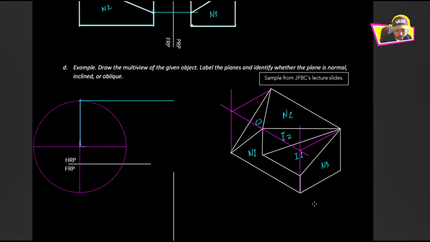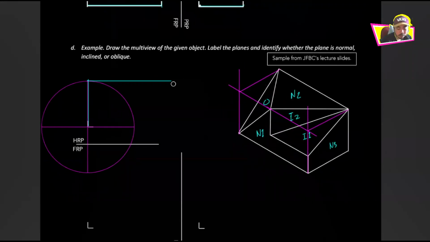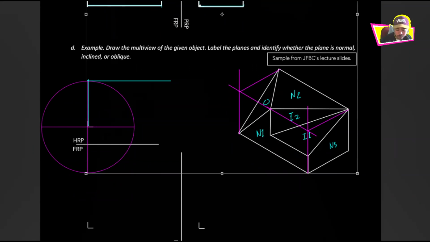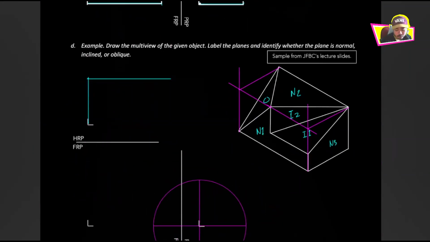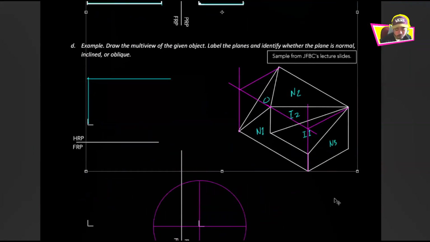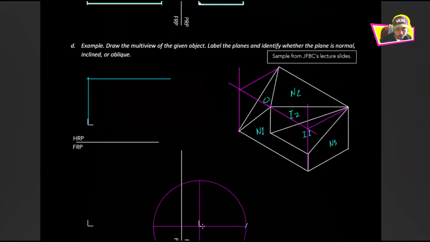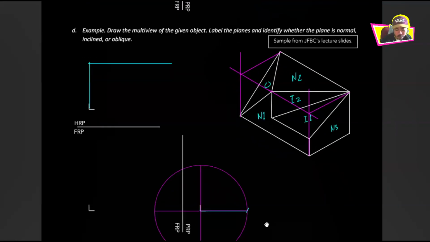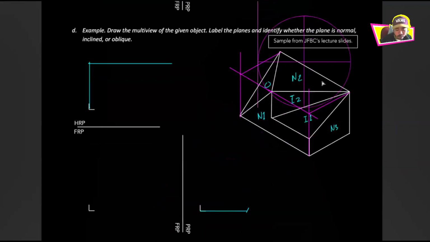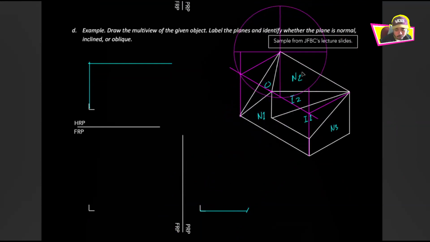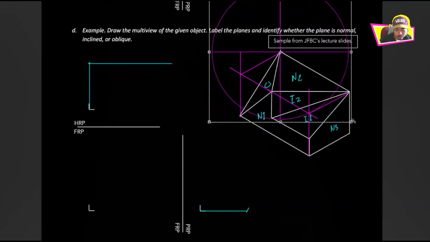Tapos, ano siya kalayo? Wait. Height niya, ang height nito is, kumbaga, the width nito. So, drawing ko na rin. Now, let's copy the length. Length is this one.